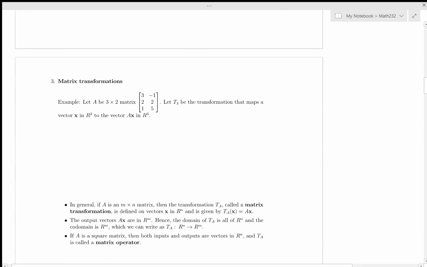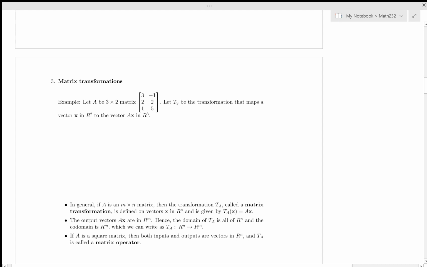Okay, what if a transformation is encoded in a matrix? So we have a matrix here, and we're going to let T3 be the transformation that maps a vector in R2 to the vector Ax in R3.